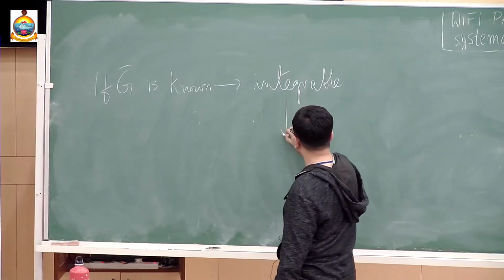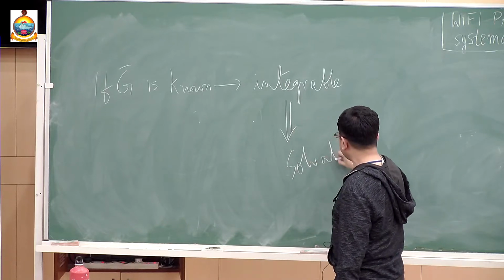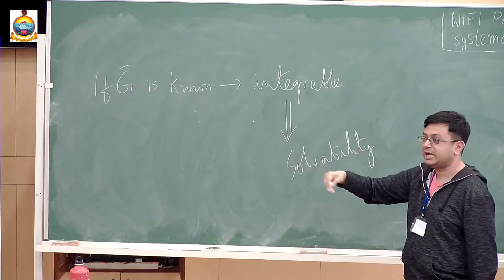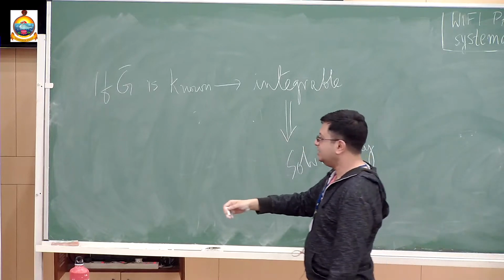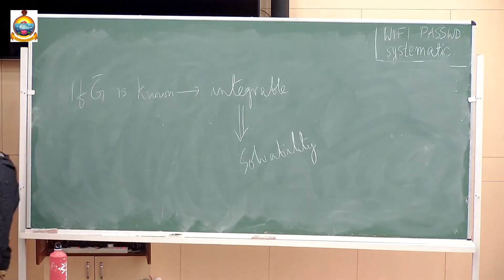And of course integrability implies solvability, because if you have a formula that tells you where the system is going to get to after time t, I can put t equal to delta t in this formula, and then I can retrieve everything that I got from this local approximation.